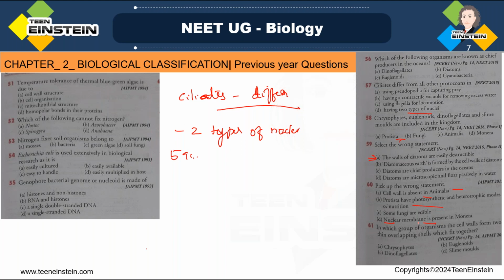And next question, in which group of organisms does the cell wall form two thin overlapping shells which fit together? See question number 61. Here, the options are chrysophytes, euglenoids, dinoflagellates, and slime moulds.